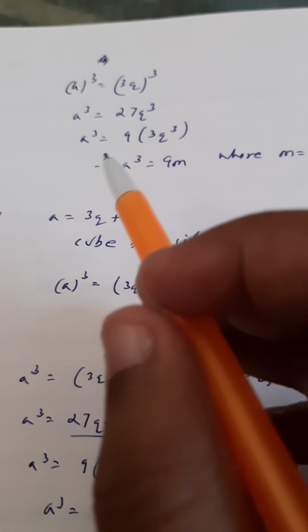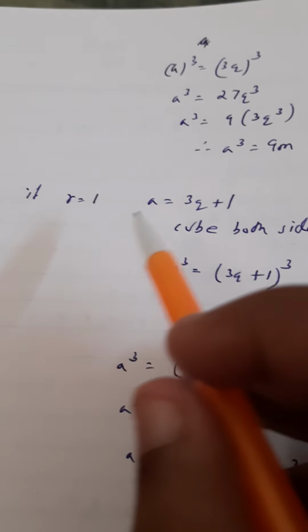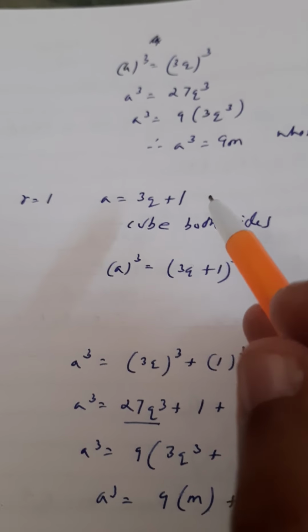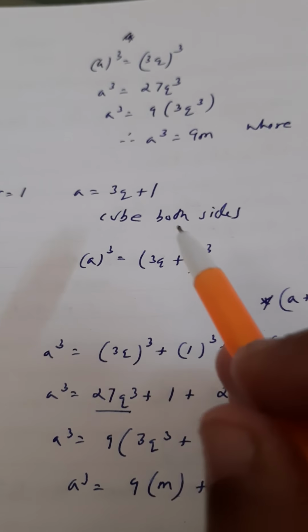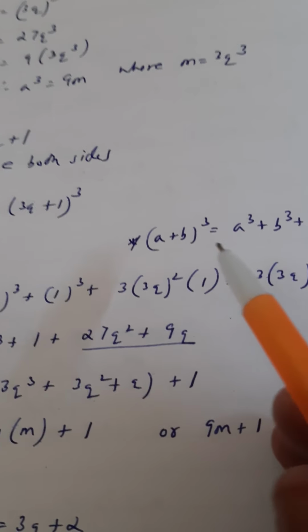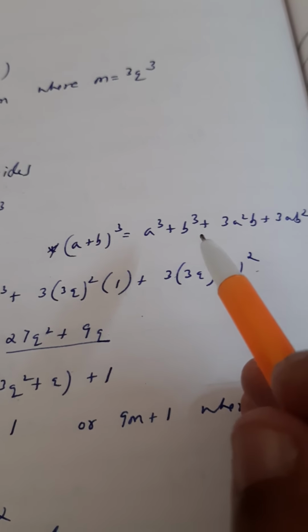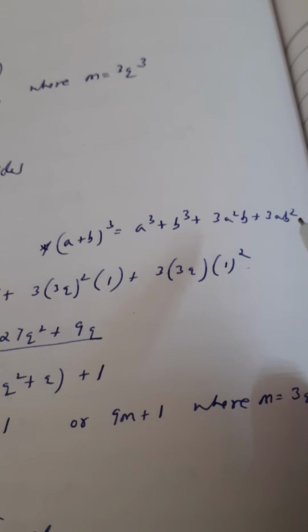Understood this? Then we take r as 1, the next case. So a will become 3q plus 1. Again we cube both sides. Those who have forgotten the identity, please note it: a plus b whole cube is a cube plus b cube plus 3a square b plus 3ab square.